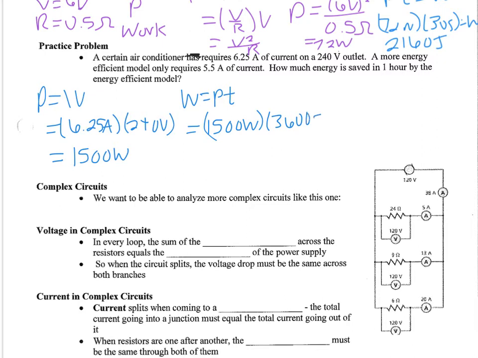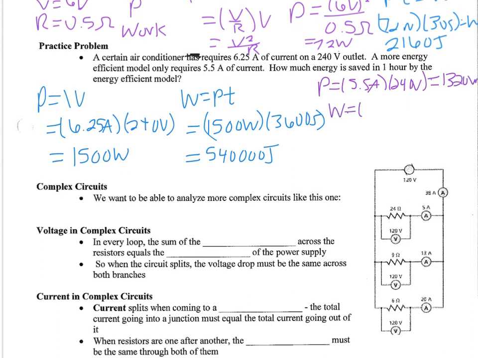That's the number of seconds in an hour. And this equals 540,000 joules. If we're looking at the energy efficient model, the power is 5.5 amps times 240 volts. And this is only 1320 watts.